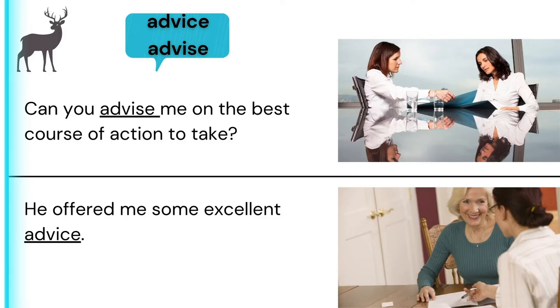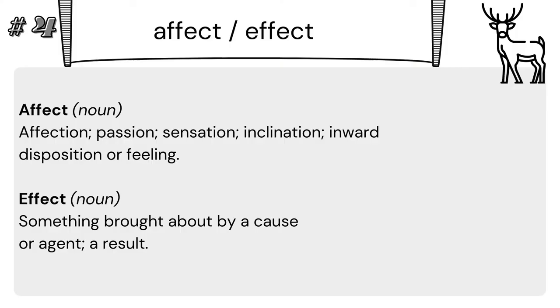Okay, next one. Affect, effect. This is something that even native English speakers struggle with. I'll admit that there's been times when I was writing an essay or something and I needed to look up what the difference was. So they're both nouns.